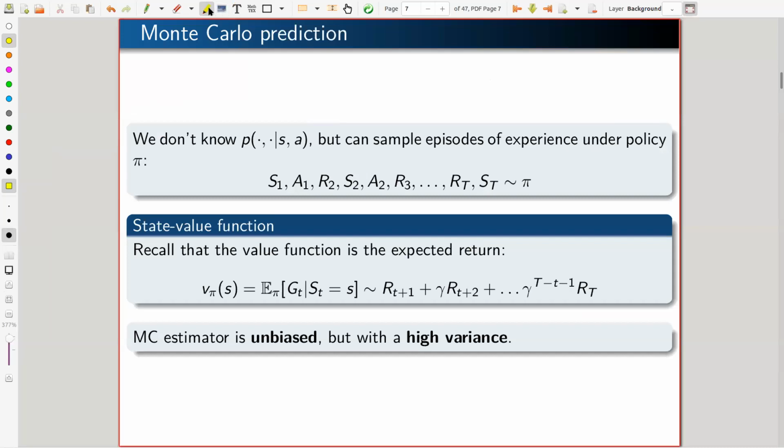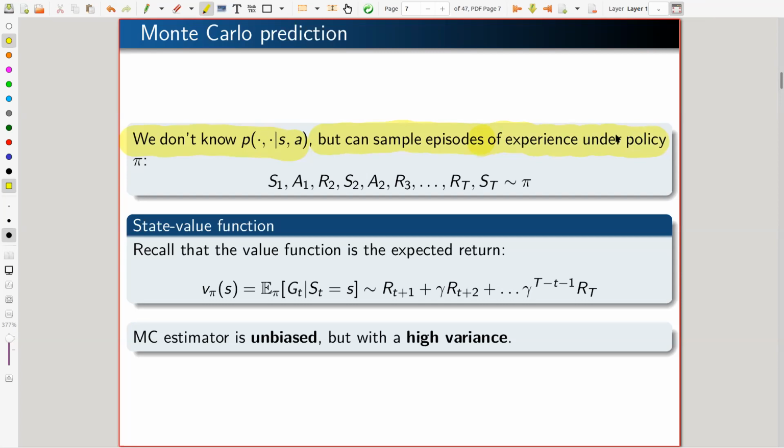So I just told you this slide, but let's point out the formalism. So we don't know the model, okay, this is clear, but we can sample episodes of experience. Sampling episodes, remember, always is under a policy. Sometimes I will not tell you this.